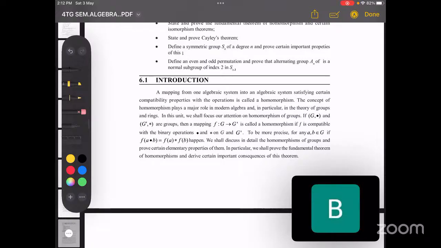To be more precise, for any a, b belonging to G, f of a dot b equals f of a star f of b. Okay. Two operations, two sets, that is, two groups we are taking. G is one group, G dash is another group.